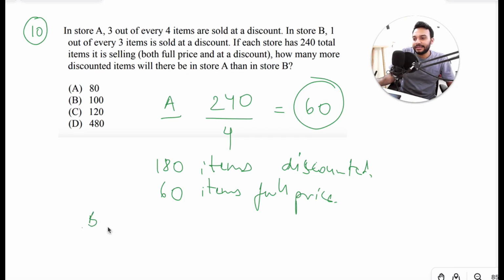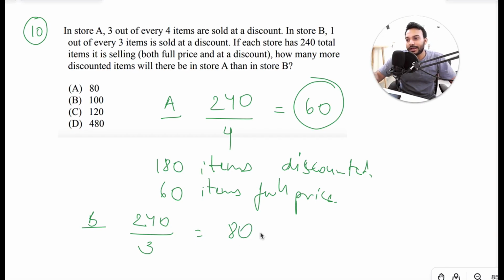Store B, 240 items. Oh no, 1 out of every 3, so 3-item chunks. 80 such chunks are possible. In these chunks, 1 out of every 3 is discounted.